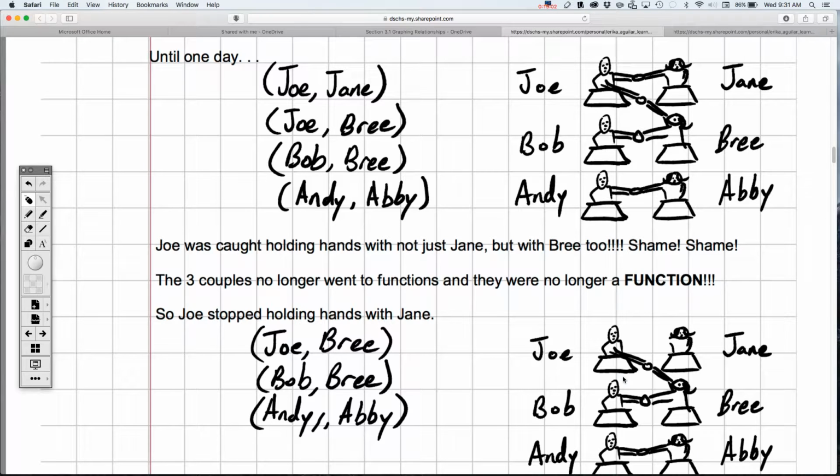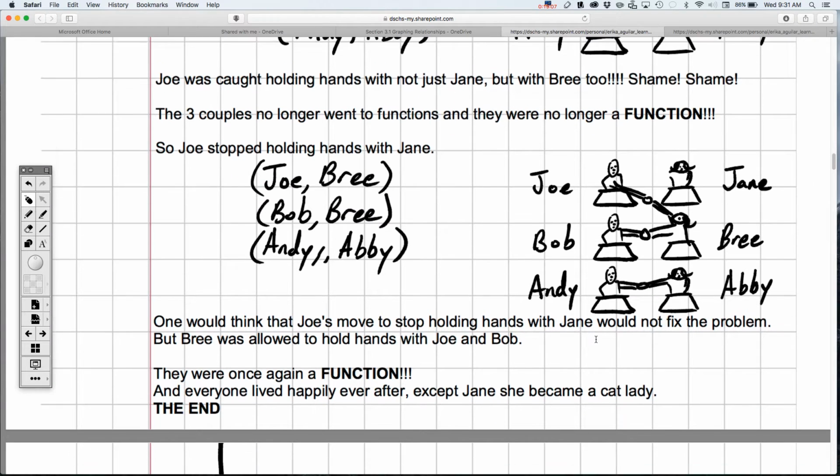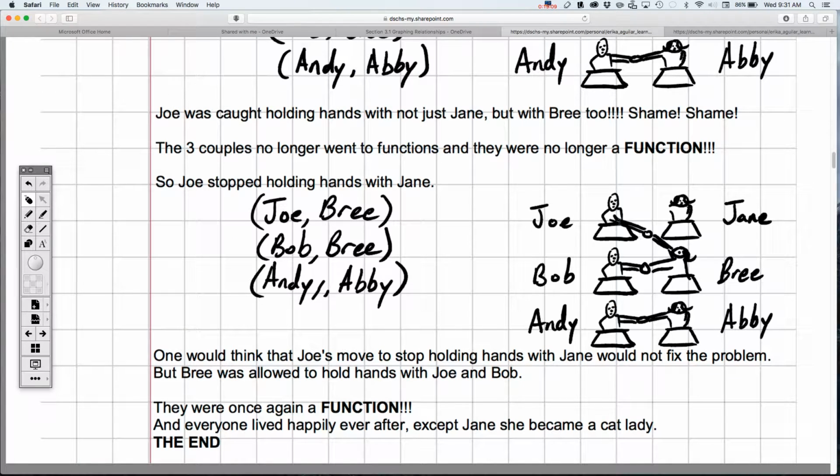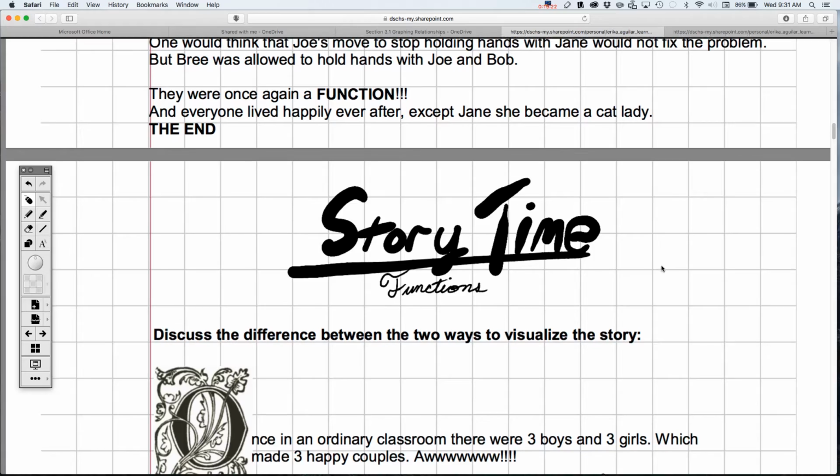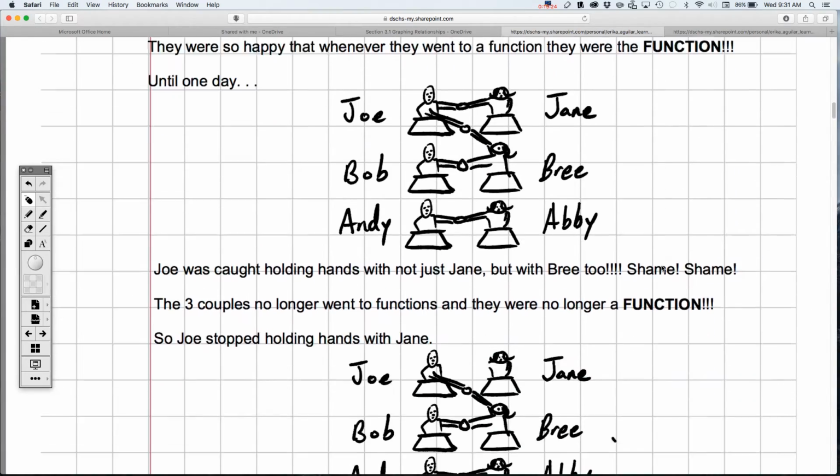Bob and Bree. Joe? Oh, okay, so scroll down. On this part, there's still a function on this last scene right here. So Joe still is allowed to hold hands with Bree. So who is not a function?